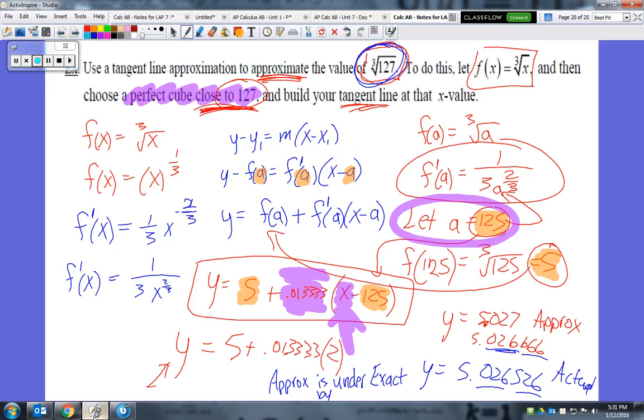Hold on, not under, probably people are pouncing and ready to send me an email, is over. The approximation is over the exact by, and we're going to put the answer there. So it's 5.0266666 minus the 5.026526.